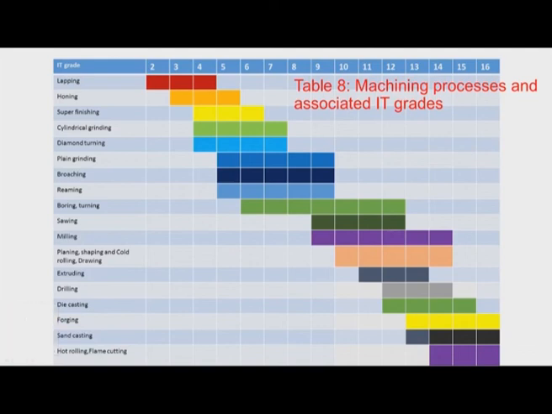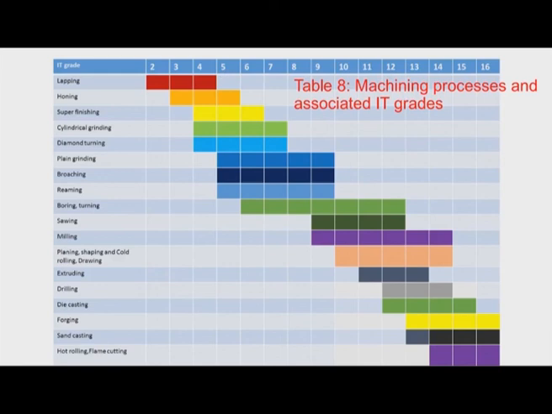Starting from very precise machining like lapping, honing, super finishing, cylindrical grinding, diamond turning, and then not so precise operations like drilling, die casting, forging, etc. Now when we say IT grade 5, immediately we can select the process which is suitable to produce that IT5 grade.